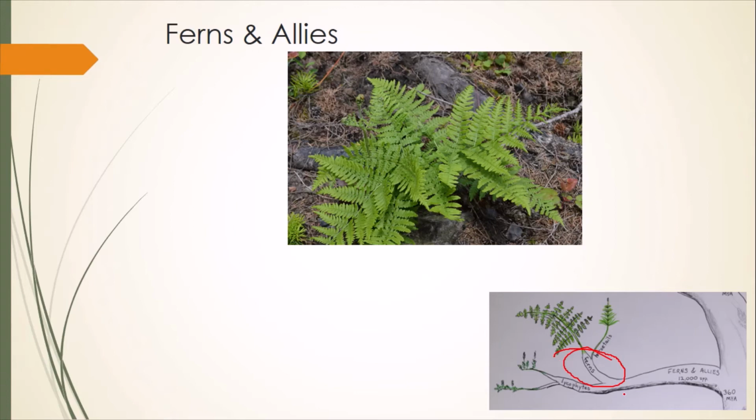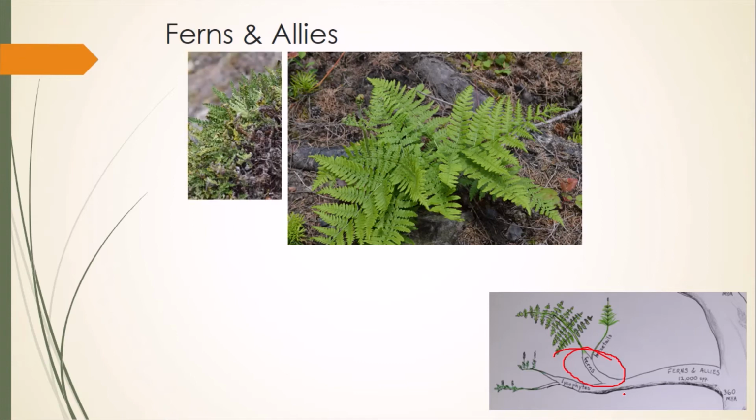And so we have those guys that we usually think of as growing in moist areas for some of the same reasons. They actually have swimming sperm. Strange to think of plants with swimming sperm. But they can live in dry areas like this little rock fern. And they do need moisture at certain times when they reproduce, but they can go dormant and they're fairly flexible.